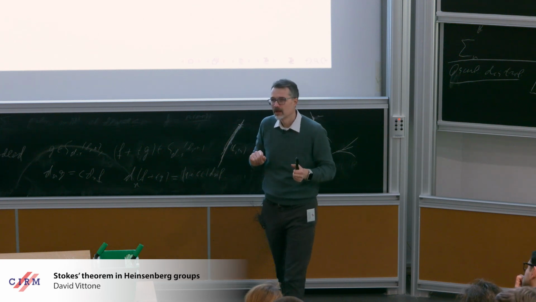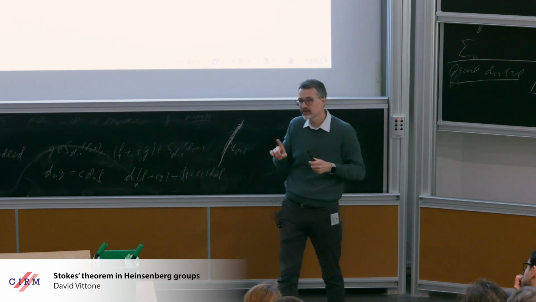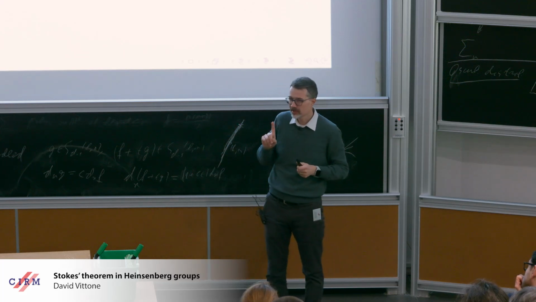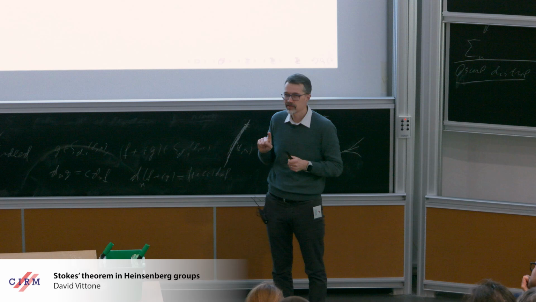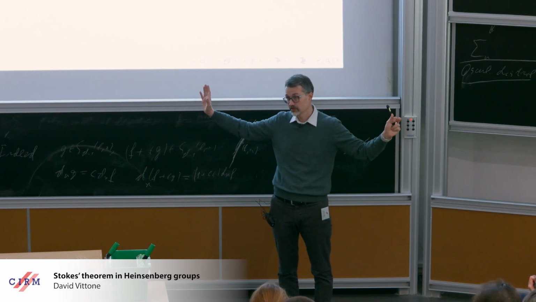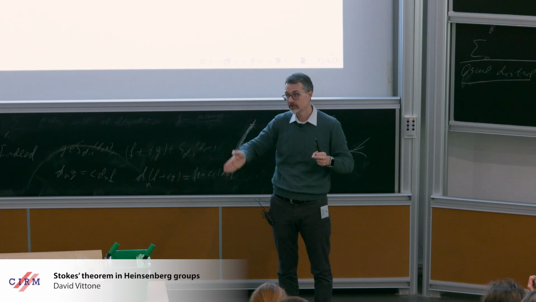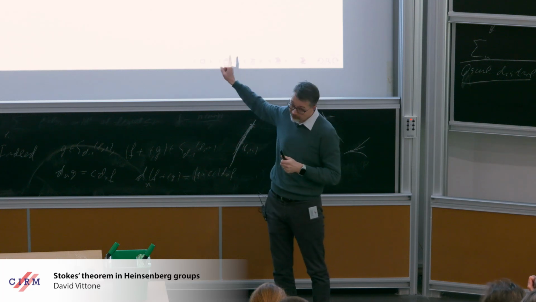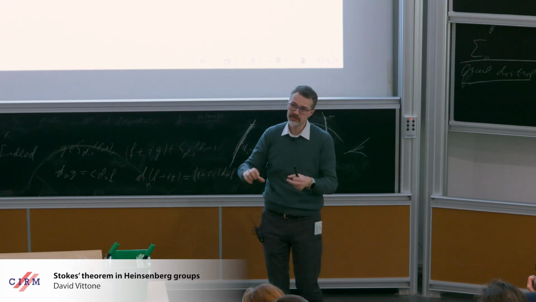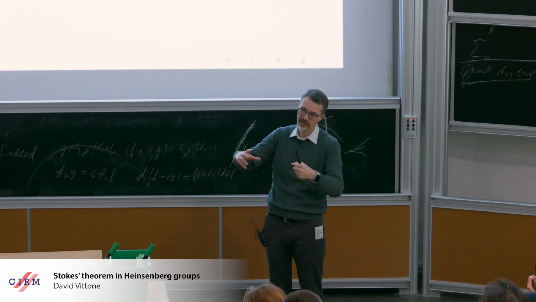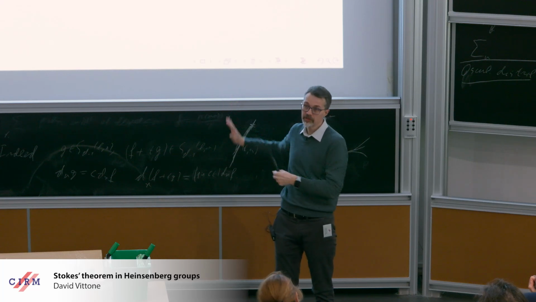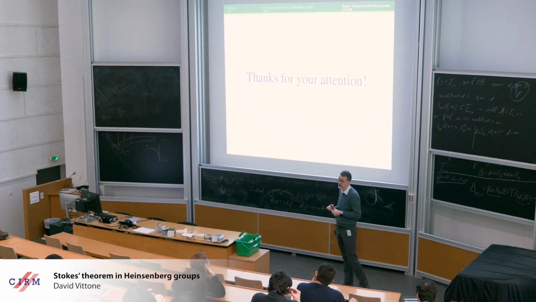If you want everything to be compact, that's not possible, I guess. There are topological restrictions. Global examples you can produce, like half a vertical plane. But in fact, for the result that I presented, I wanted to avoid localization, so put yourself in an open set omega of Heisenberg. All of these arguments should be understood in a local sense.